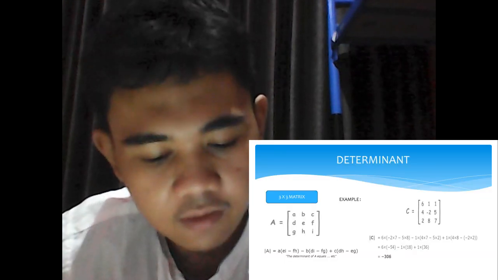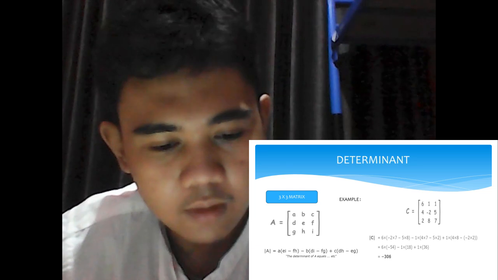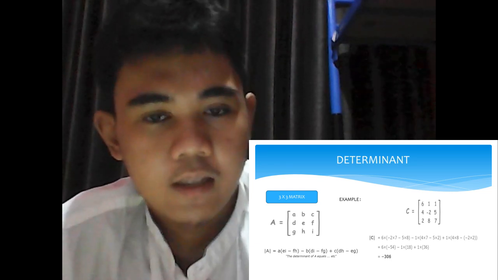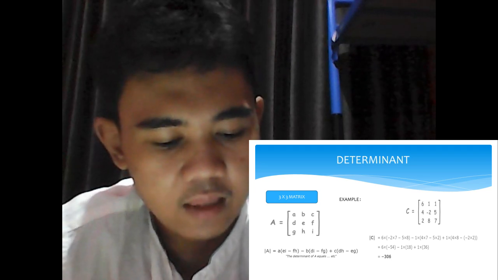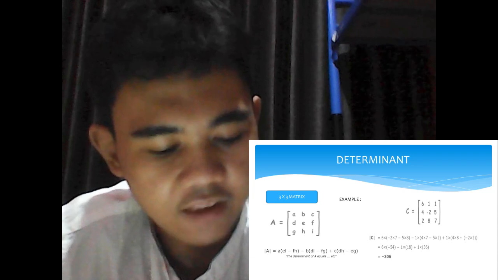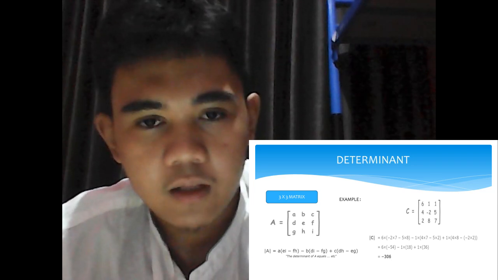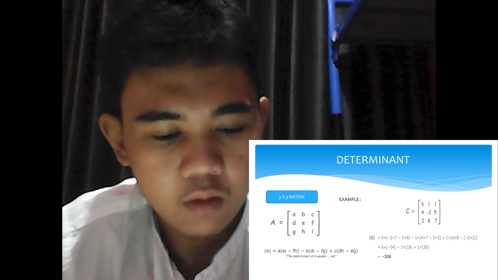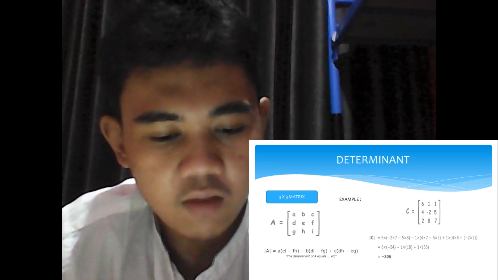Next for the determinant is the 3x3 matrix. The formula is a little bit complicated compared to the 2x2 matrix formula.